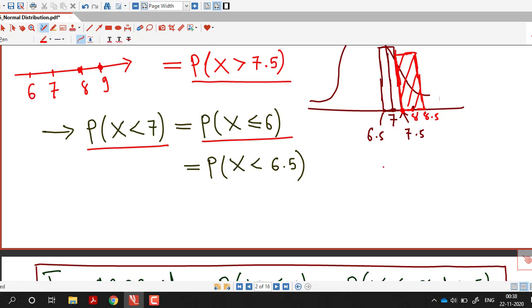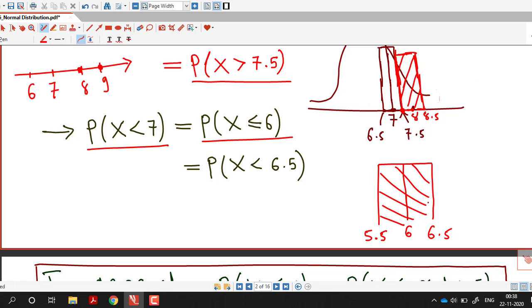Now I have to consider the rectangle surrounding X equal to 6. Suppose this is 6 and this continuity correction is 0.5, so this point is 5.5, this is 6.5. So this is the rectangle corresponding to capital X equal to 6.